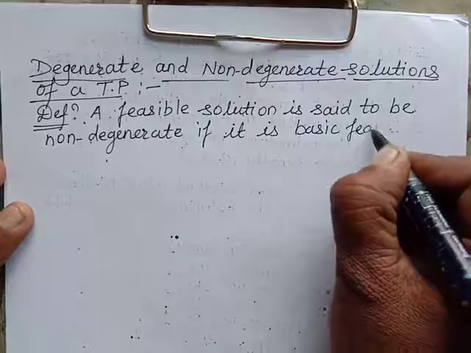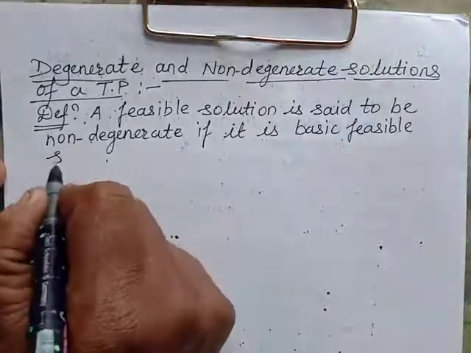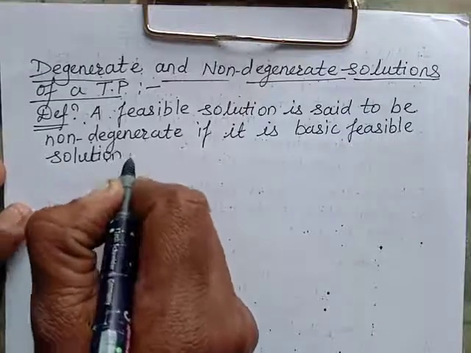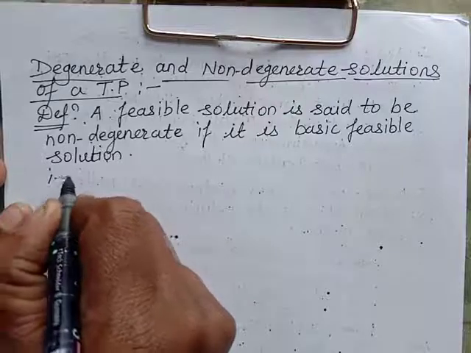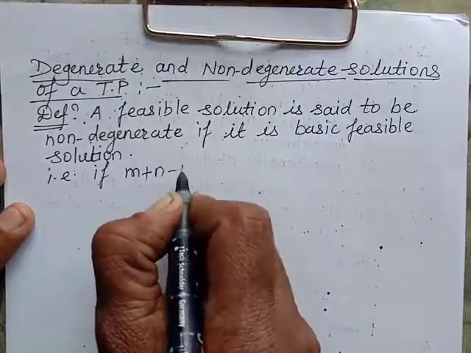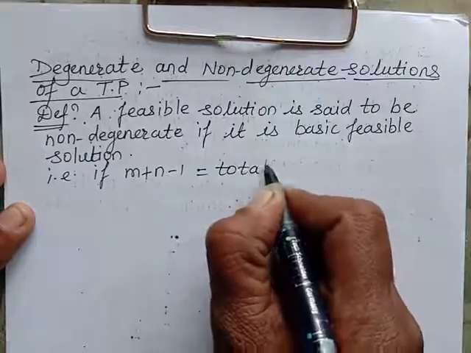You know about basic feasible solution. If the number of allocations is equal to m plus n minus 1, then it is a basic feasible solution. That is, if m plus n minus 1 equals the total number of allocations.